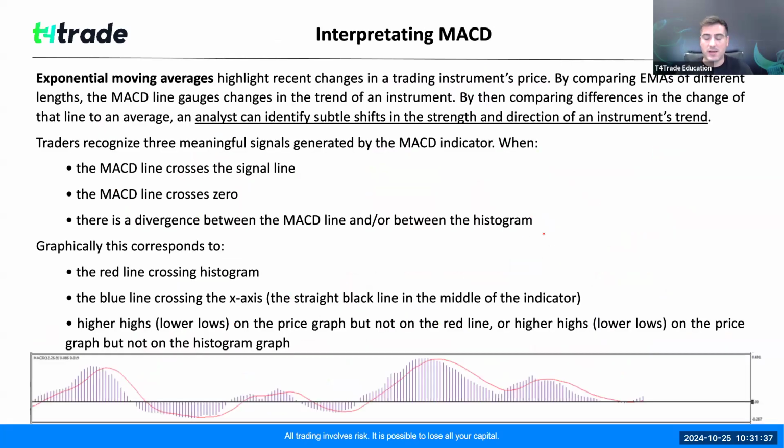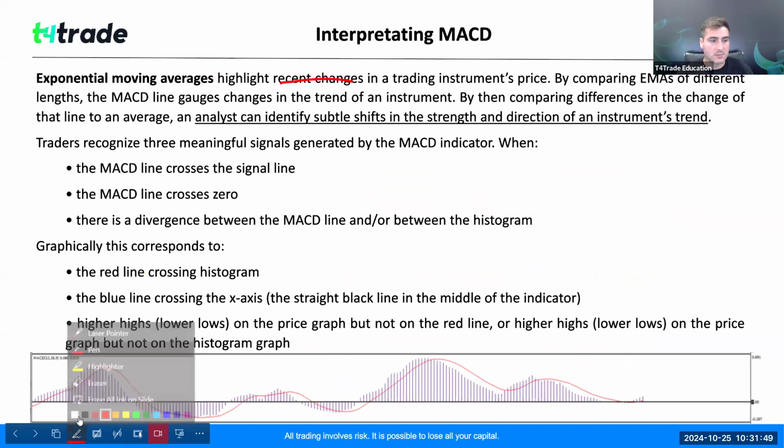So interpreting the MACD is probably going to be a summary of what has already been said by me right now. So exponential moving averages highlight recent changes in a trading instrument's price by comparing EMAs of different lengths.